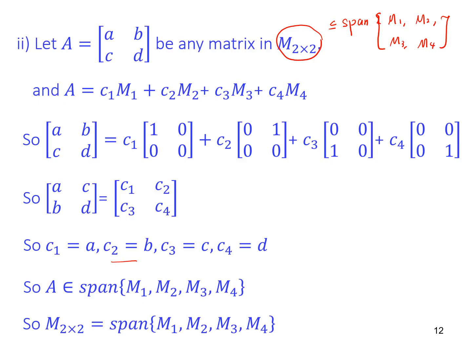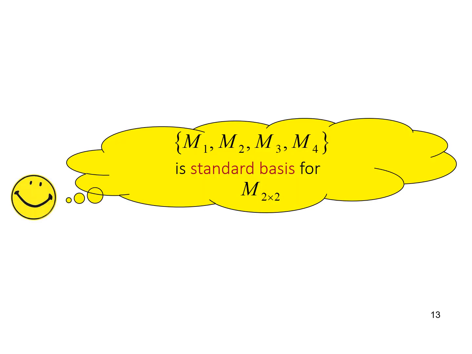Therefore the vector space is equal to the span of M1, M2, M3, and M4, and that completes the proof that this set is a basis for the vector space M2 times 2. The given matrices M1, M2, M3, and M4 form a standard basis for the vector space M2 times 2.